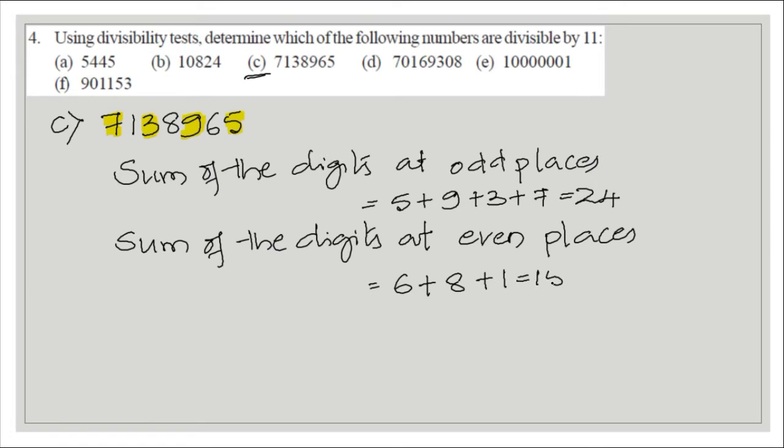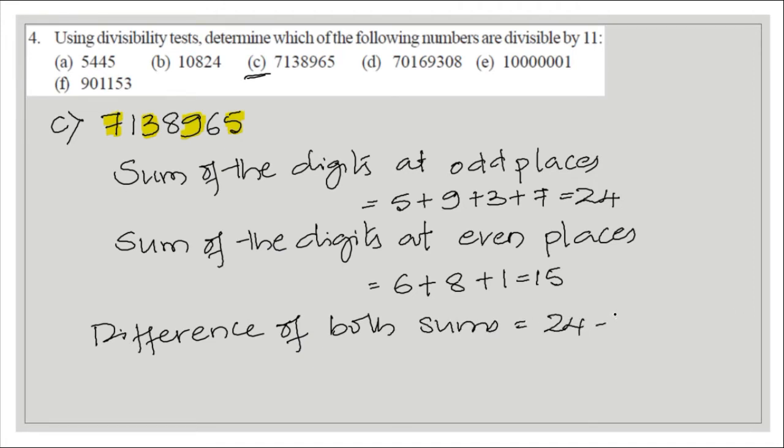The sum is 15. Now I'll find the difference of both the sums. The highest number is 24 and the lowest number is 15. The difference is 9.